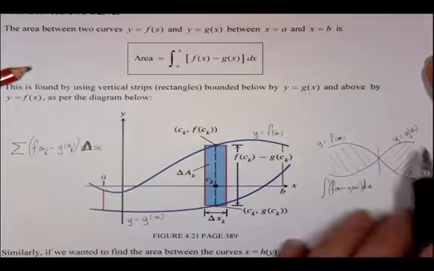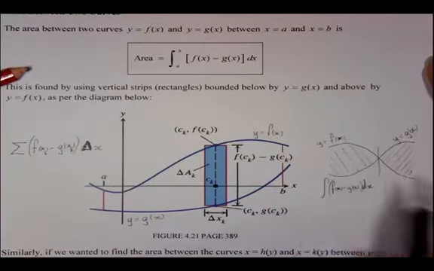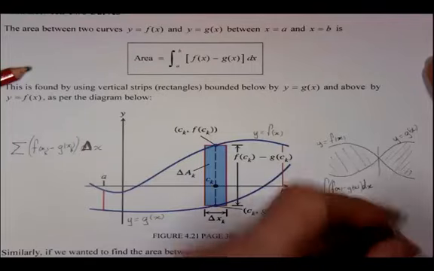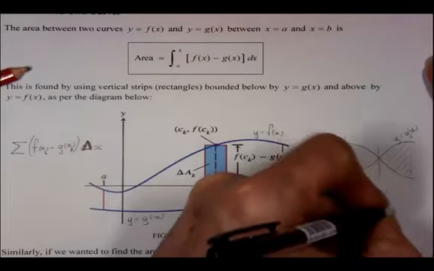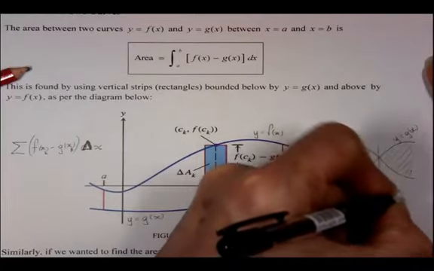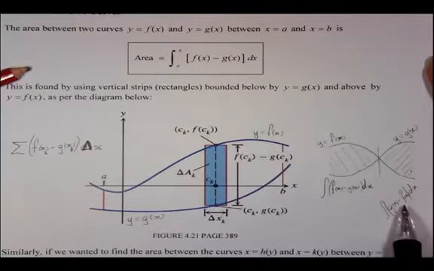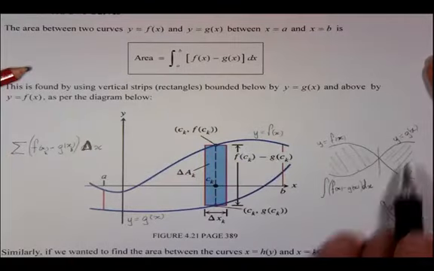Over this side, because f is lower and g is higher, f(x) minus g(x) is negative. So you'll calculate the integral of g(x) minus f(x) dx, or you could calculate the integral of f(x) minus g(x) and change the sign afterwards.